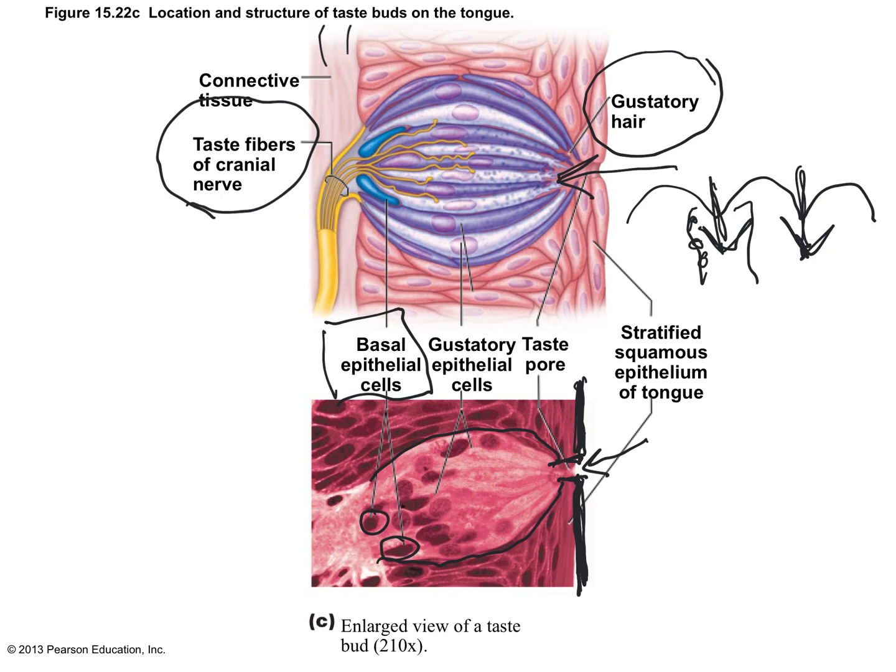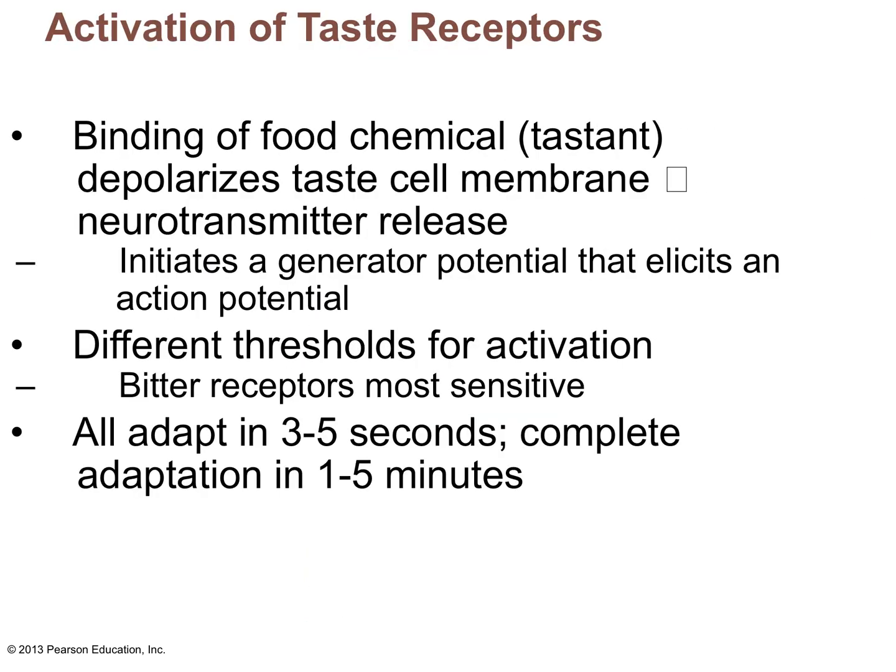The stem cells in that area are very active, and they start to divide at the level of the basement membrane, so the basal layer, and then they move upward to replace the epithelial cells. So again, the gustatory hair is the sensory portion, which sticks out of a pore in the surface of stratified squamous epithelium in the invagination between the papillae.